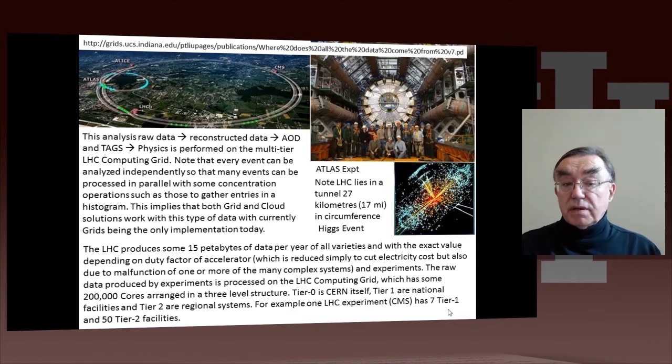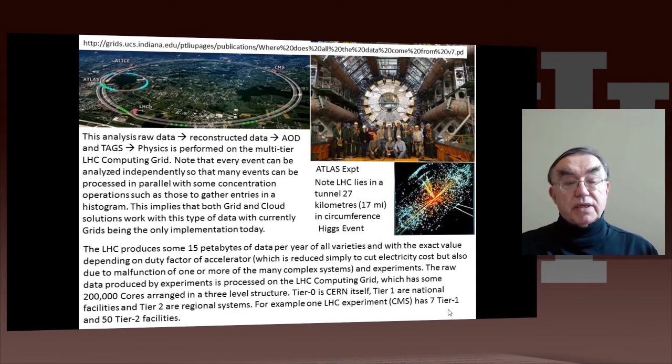This whole field has a raw data to reconstructed data to various fancily named data, AOD and tags, which are basically the raw data information pipeline. Then we have the actual physics step, which is done by taking the raw information, which is the particle position, particle momenta, and types, and converting that into actual physics through histogramming.